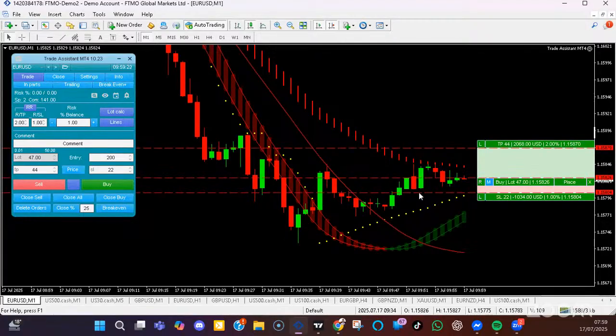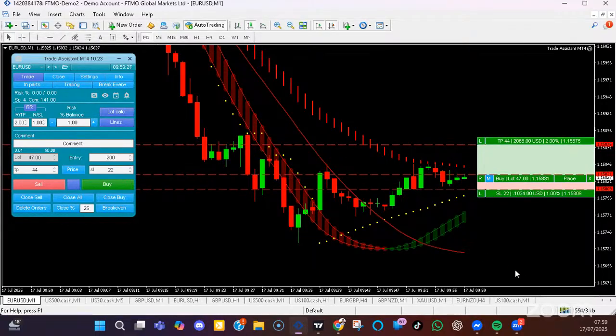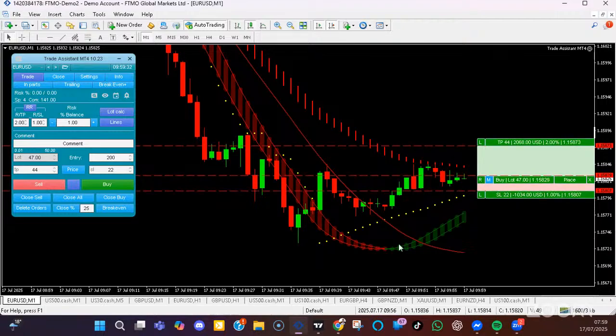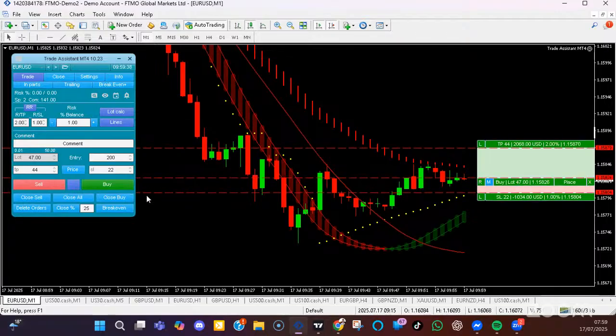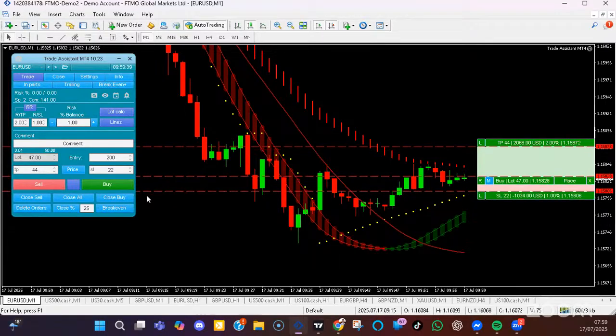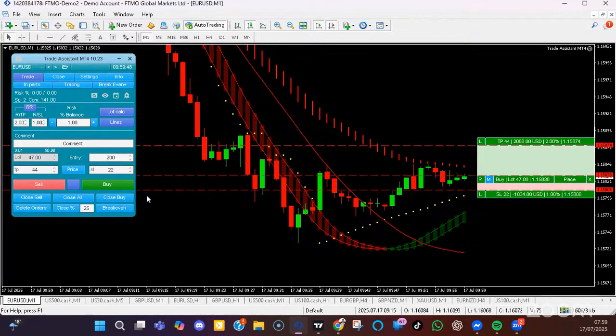But now we're going into consolidation, maybe waiting for the news. There is some news, although I've got it as low impact news, but there's 3 or 4 together, and that might make it go a few pips one way or the other. Well, we're here. We shall see. It's 7:59 now here in the UK.